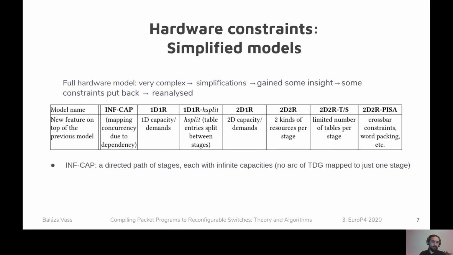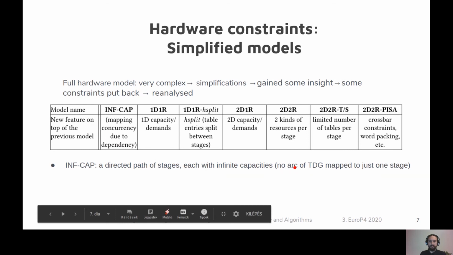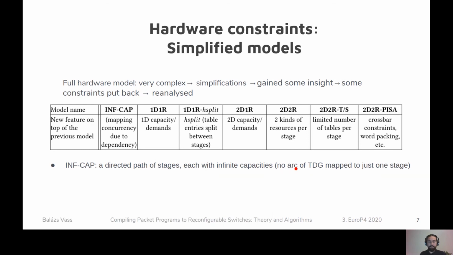The simplest one is called InfCap, where the switch was modeled by a directed path of stages, each with infinite capacities, and we took into account only the mapping concurrency due to dependency between the tables, so that no nodes on the two ends of an arc of the TDG could be mapped to the same stage. They have to be mapped onto different stages.